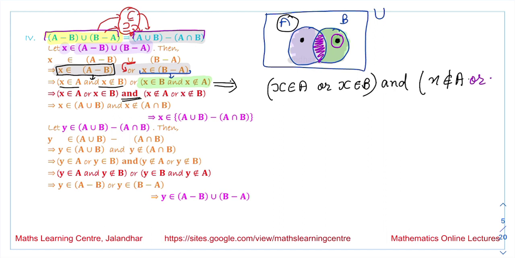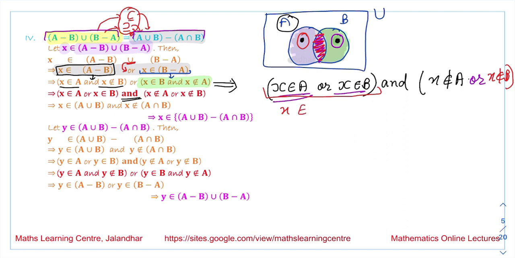Or when X belongs to A, when X is lying over here, we are again saying that X does not lie in the region B. So we are saying, or X does not belong to B.